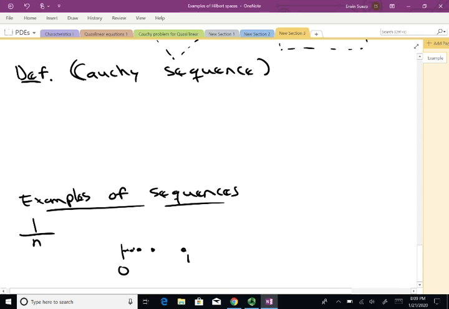Okay. So a Cauchy sequence is a very interesting sequence with the following property.